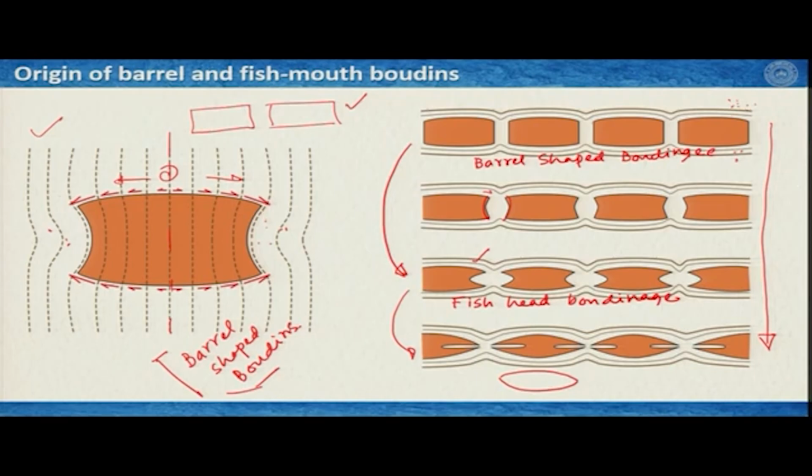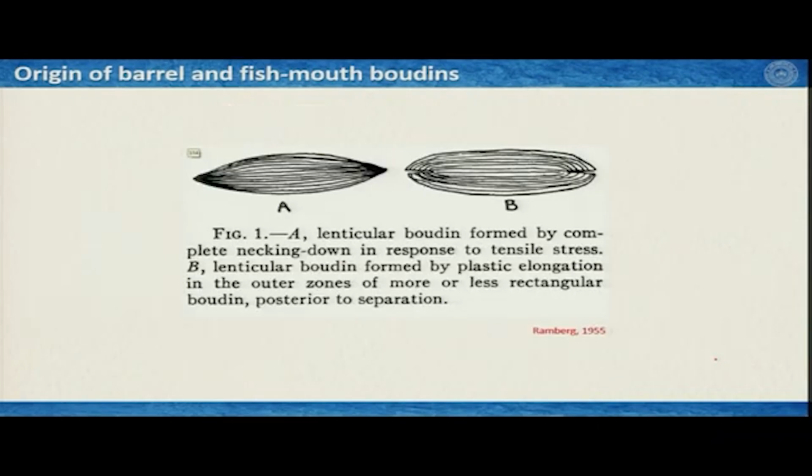Now, if the competence contrast is small, the necking continues as we see here till the pinched zones taper off and lenticular boudins are separated without the formation of a clearly defined layer normal extension feature. This has been noted by Hans Ramberg, and this is a classic paper of 1955.